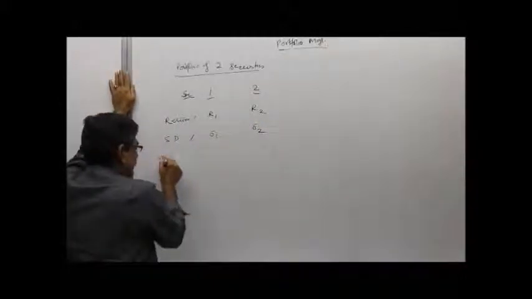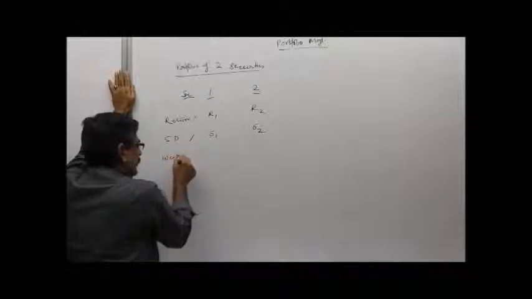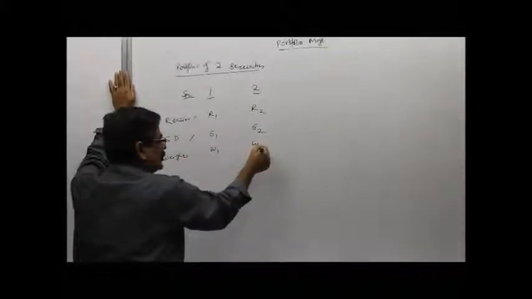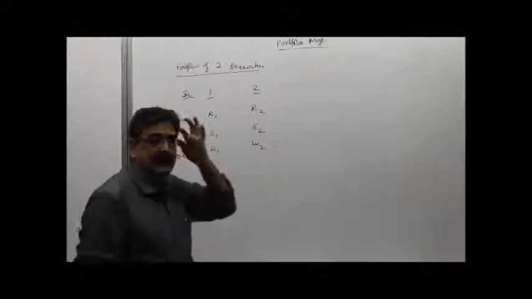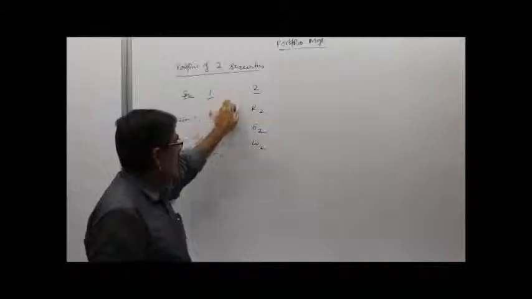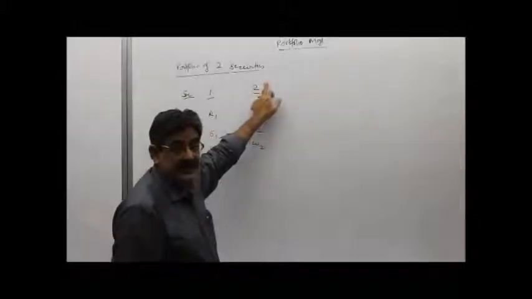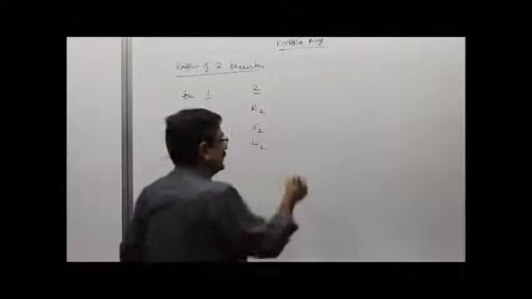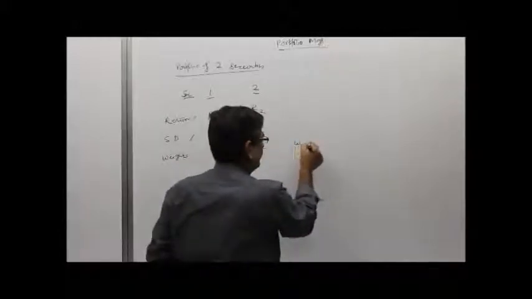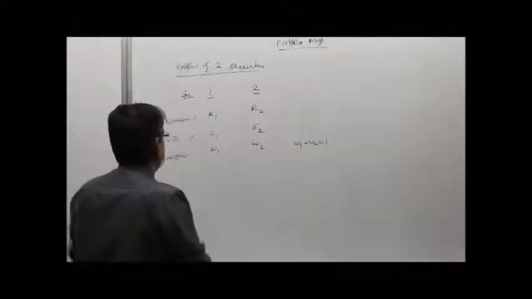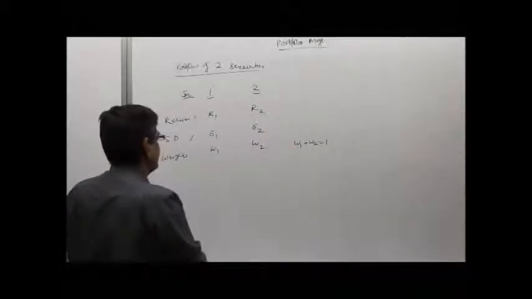And because it's a portfolio, the weights of the securities are say W1 and W2. For example, if you invest 40% in security 1, say Reliance, and 60% in security 2, say Tisco, then it is 0.4 and 0.6. And naturally, the sum of the weights has to be 1.